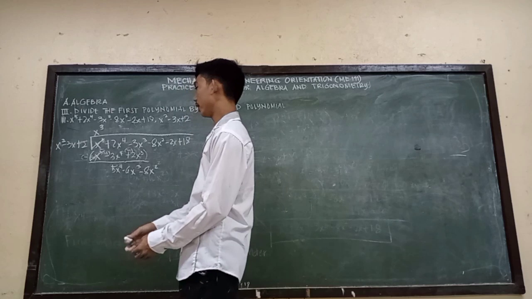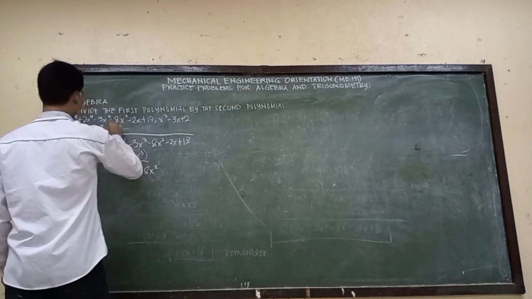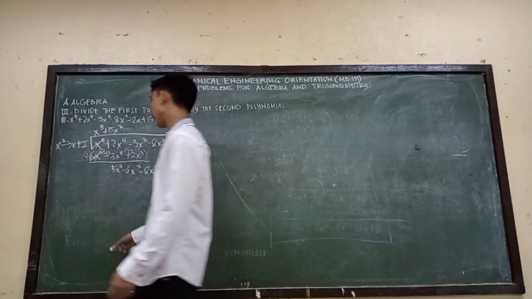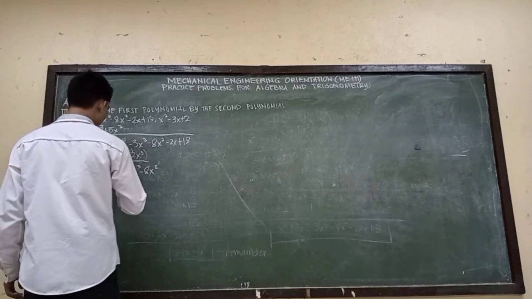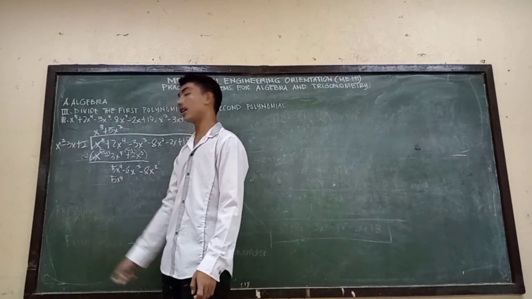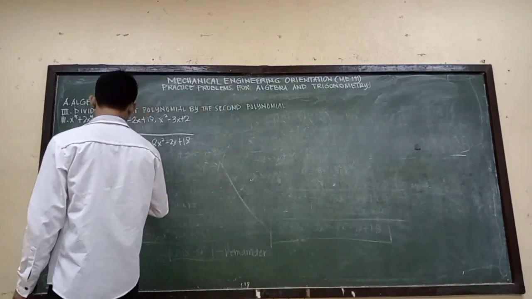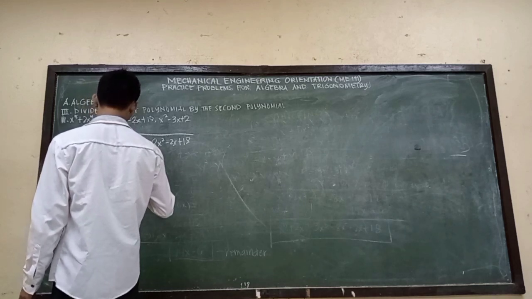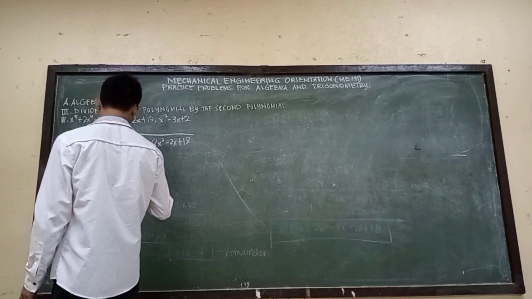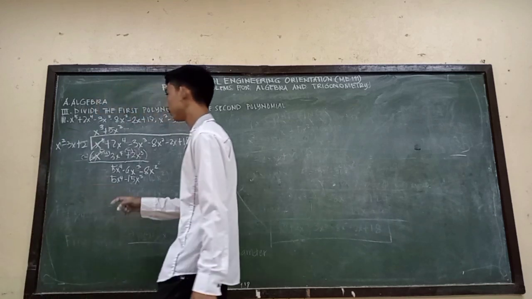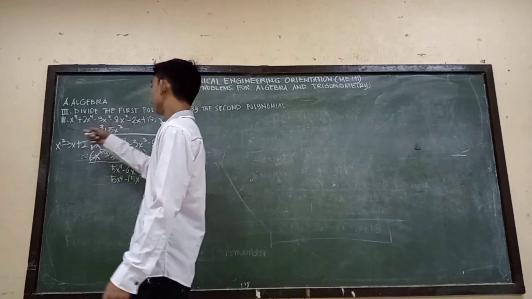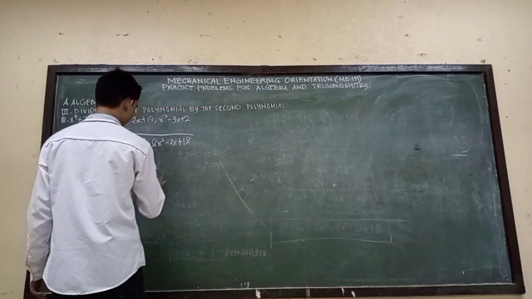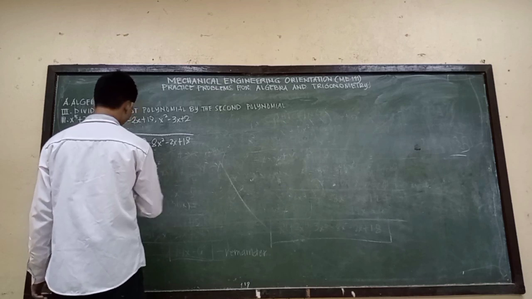5x to the fourth divided by x squared will give us positive 5x squared. 5x squared times x squared will give us 5x to the fourth. 5x squared times negative 3x will give us negative 15x cubed. 5x squared times 2 will give us 10x squared.